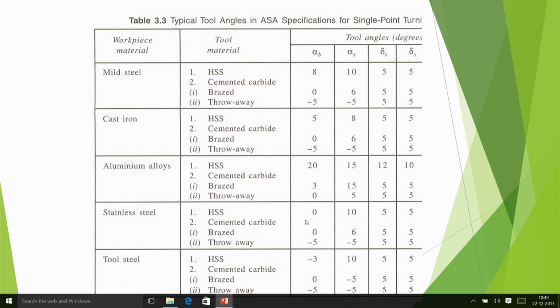Stainless steel is a little bit hard material, so here even in HSS I am giving the 0 angle, this is 0, then here it is a side rake I have given some 10, but here I have given -5, -5. Then tool steels in this HSS is -3, and then we have 10, and brazed one is of course negative, and you see that side clearance are about 5 degree or something.